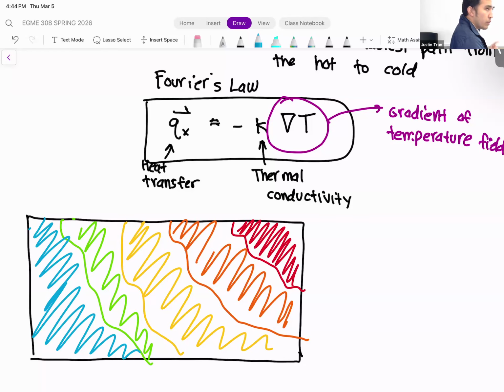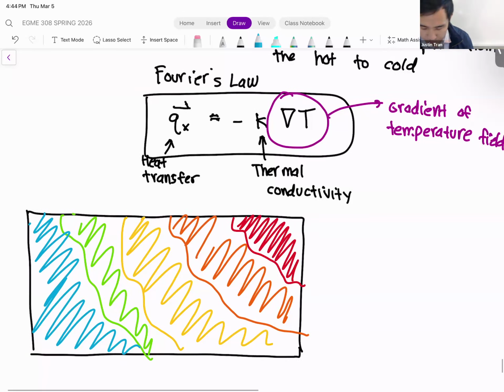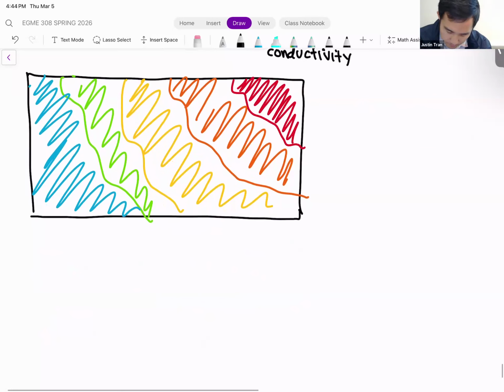Based on what we know, we don't even have to solve anything. We can already determine which way the heat's going to flow.